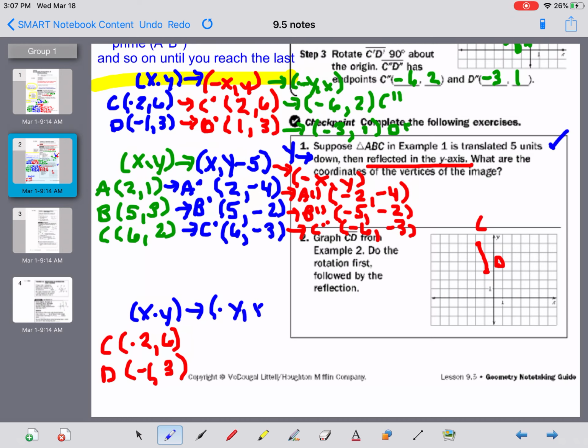So for my negative y, I take my 6, make it opposite so it becomes negative 6, and my x just flips to the back, so negative 2. And then for D, I bring my y, which was 3, go opposite, make it negative 3, bring it to the front, and my x of negative 1 flips to the back. I'm going to call those my C prime and my D prime. So go ahead and graph those.